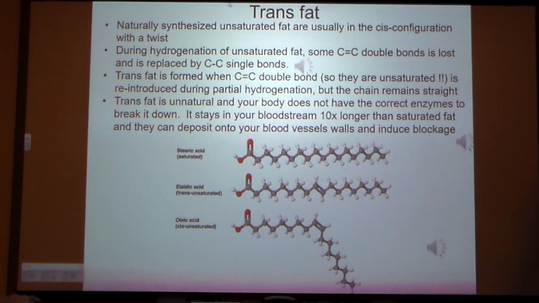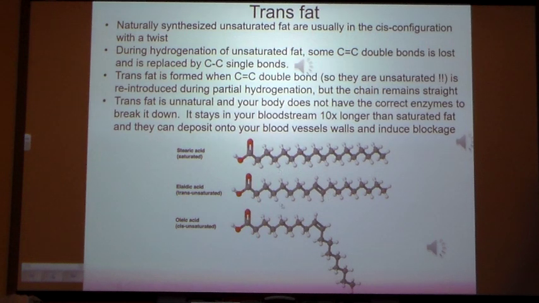Trans fat is formed when you do partial hydrogenation. Now this is the molecule of a natural unsaturated fat. It's also called cis unsaturated fat, because in a natural configuration, animals and plants synthesize unsaturated fats in the cis configuration, which gives the molecule a twist.